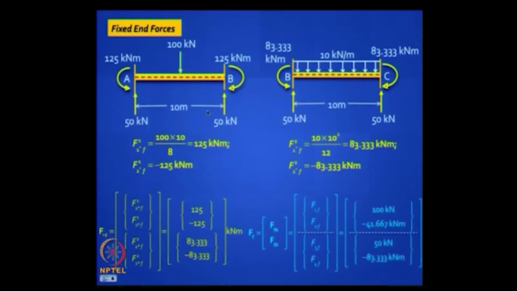So you get 50 kilonewton here, you get 50 kilonewton here, they add up to the coordinate 1, and that is how you get 100 kilonewton here. At the coordinate 2 you have minus 125 and plus 83.33, they add up to get minus 41.67, is it clear?